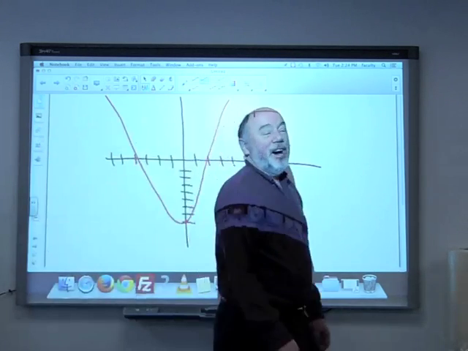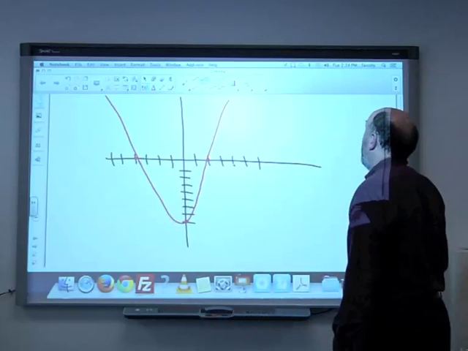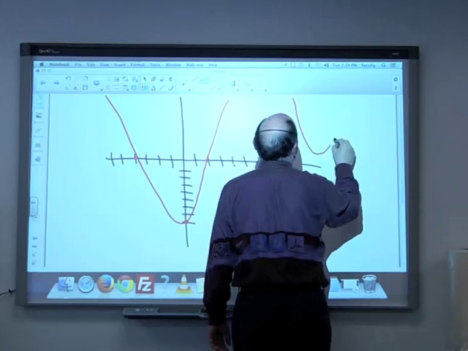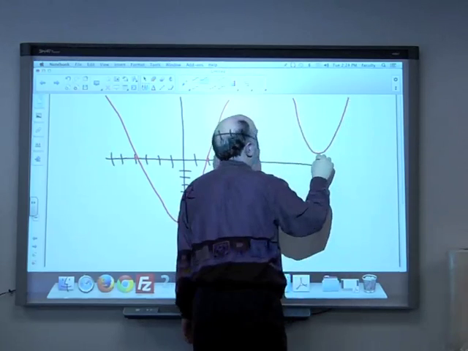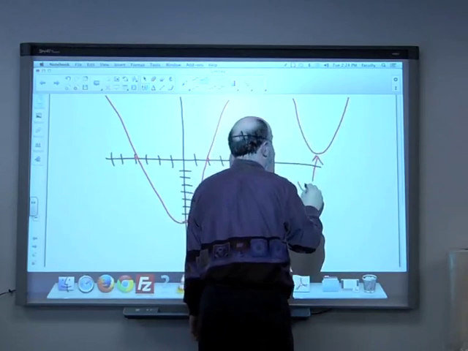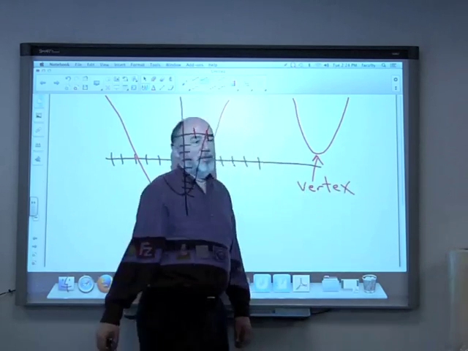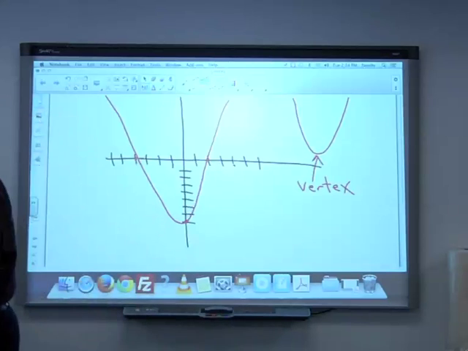Because in a quadratic, whatever it is, if I have a quadratic graph, something like this, this point down here is called the vertex. Whether it's down there or top of that.